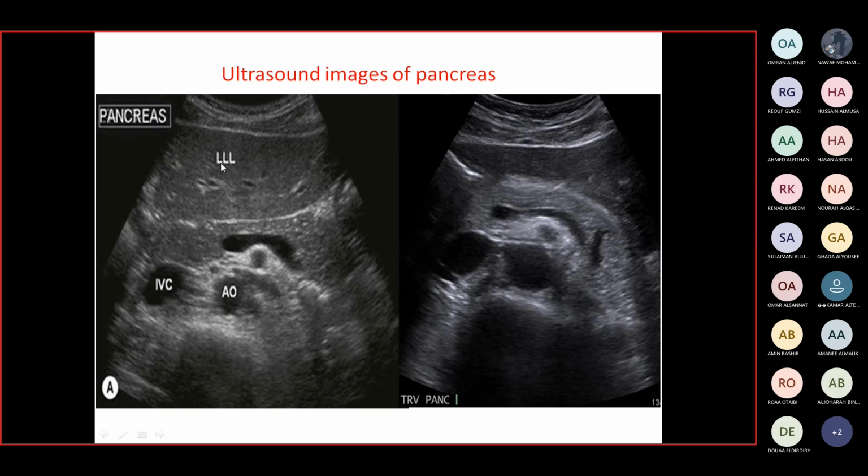The echogenicity of the liver is similar to the echogenicity of the pancreas. This is the head, this is the body, and this is the tail. The pancreas is located anterior; this is anterior, and this is posterior. This is the spine, this is posterior.